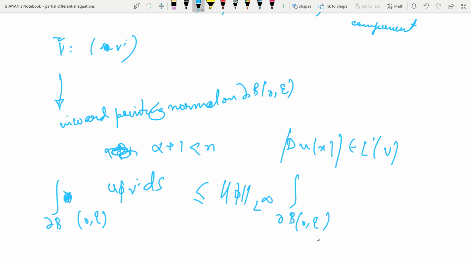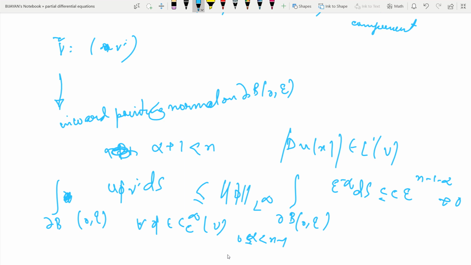This simple integral is bounded by epsilon to the power minus alpha dS, which is less than or equal to C epsilon to the power n minus 1 minus alpha, and tends to 0 for all phi belonging to C infinity, provided alpha is less than n minus 1, alpha greater than or equal to 0.